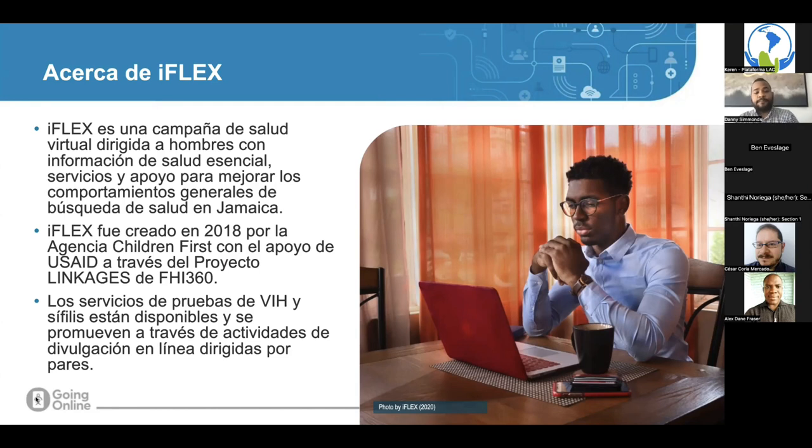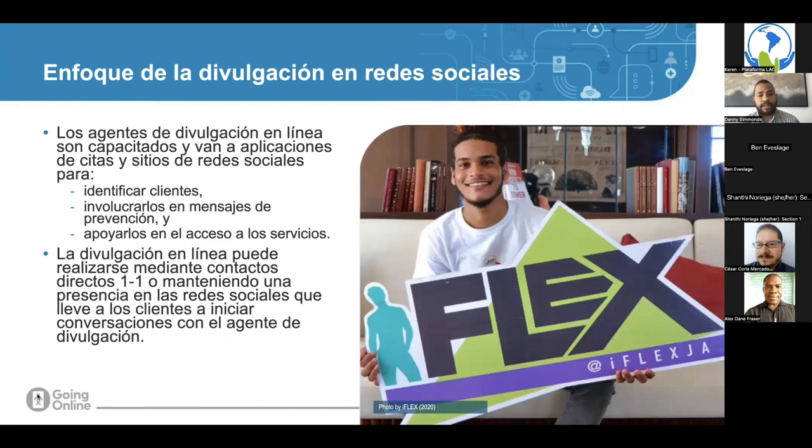Next slide, please. Trained online outreach officers utilize dating apps and social media sites to identify potential clients, engage with them in prevention messaging, and support their access to necessary services.